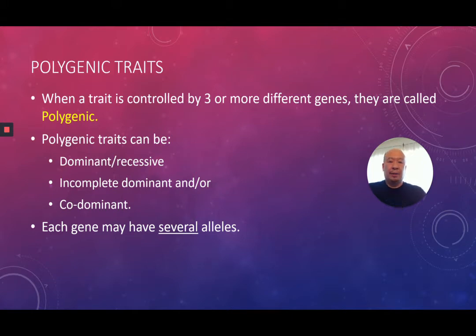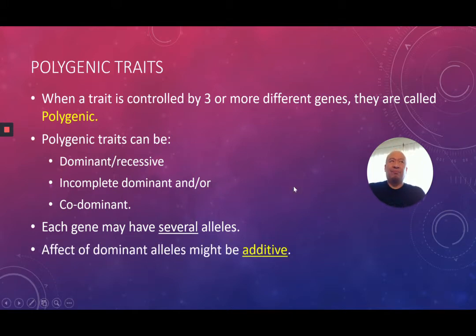We're going to use heart disease as the example in a couple of minutes. But one of the things about polygenic traits is that these alleles' effects are additive, meaning they build on each other. So we'll see what that means when we start looking at heart disease.